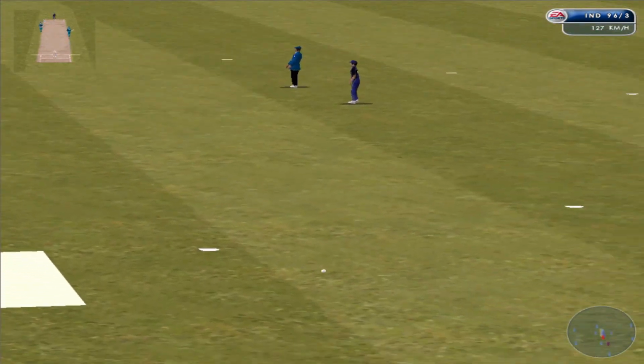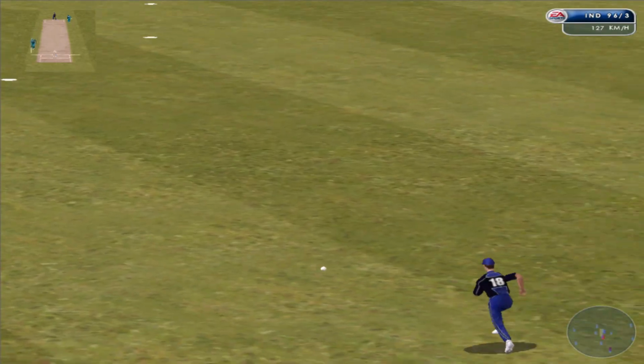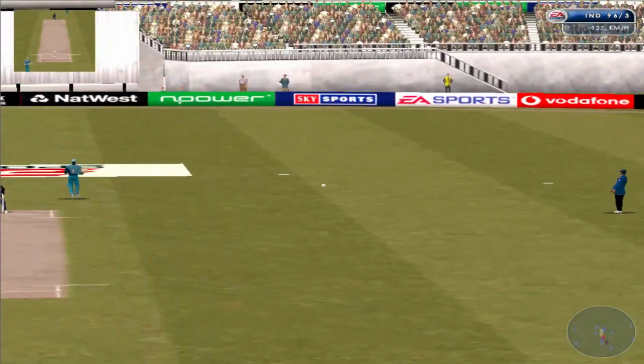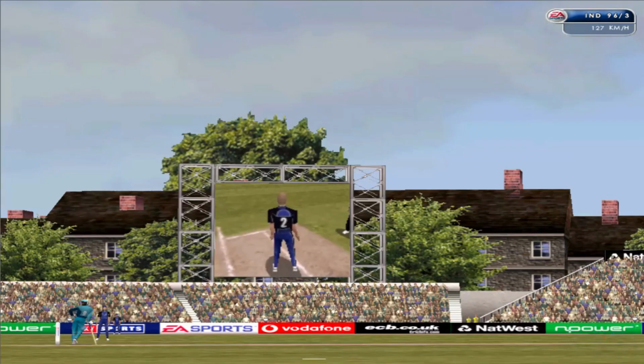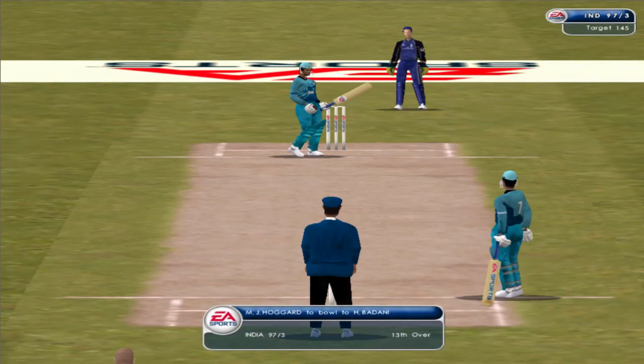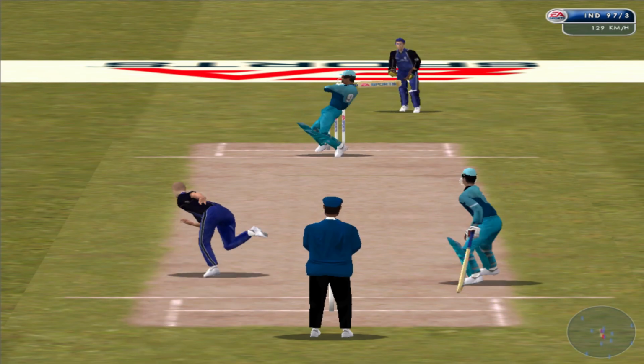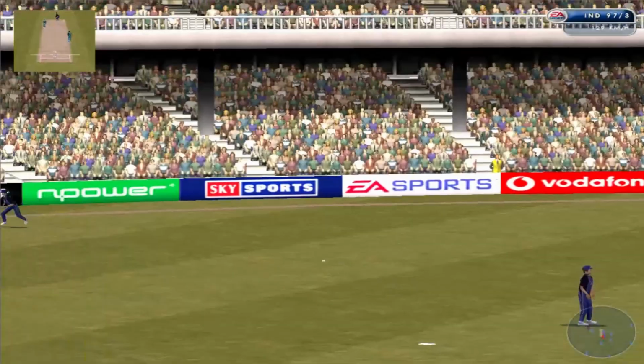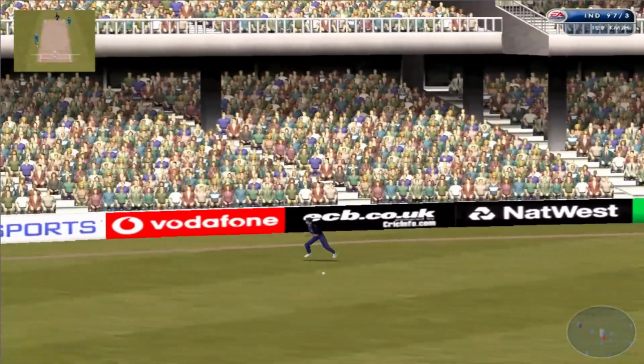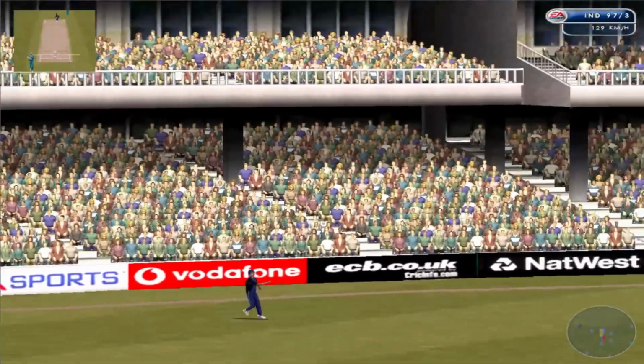He's got it into the gap. Badani is off the mark.